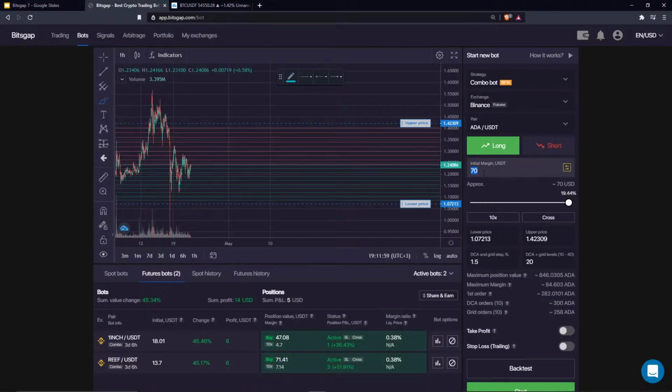The rule is that as you start the bot, it will spend 50% to open the buy position. So 50% from 70, let's actually use 60 because I'm better with this number. So 60, 50%, you're going to enter the market with 30 in that case.